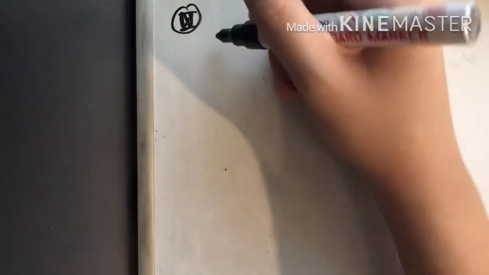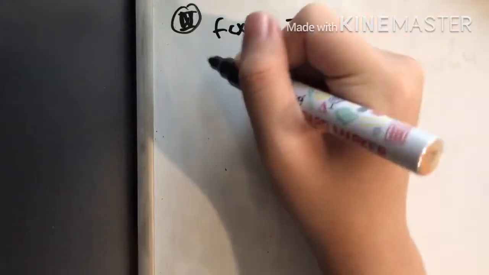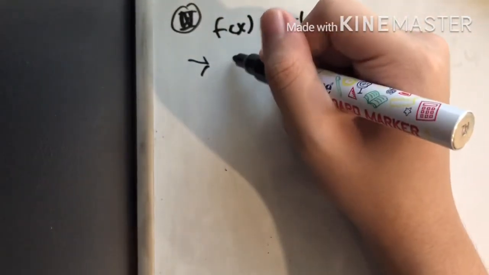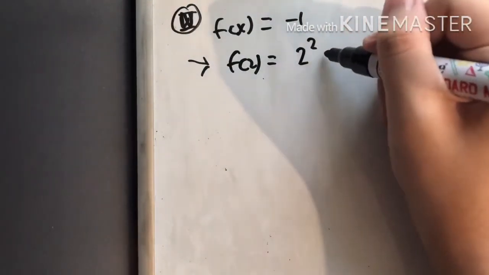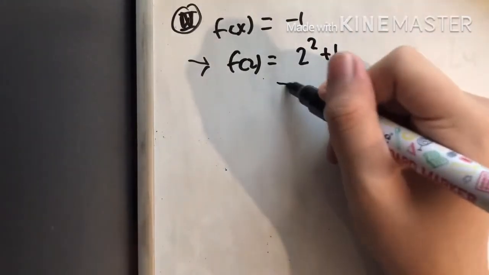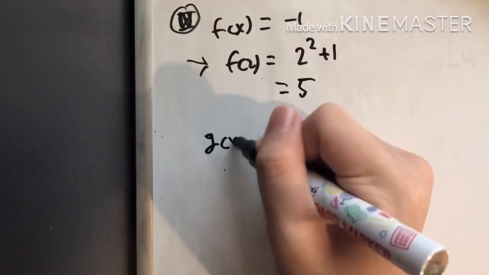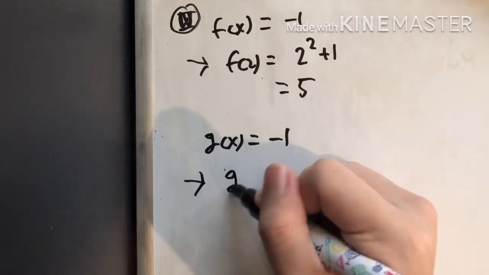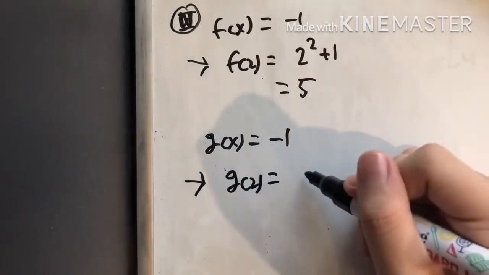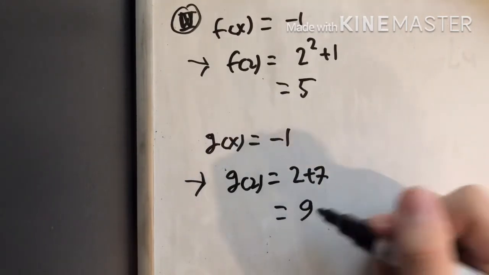To prove that the x for the fourth condition is correct, we can use f(x). f(2) is equal to 2 squared plus 1. Oh sorry, it's supposed to be f(x) larger than negative 1. And then we can use it on the g(x) as well. So g(2) is equal to 2 plus 7, so it is equal to 9.